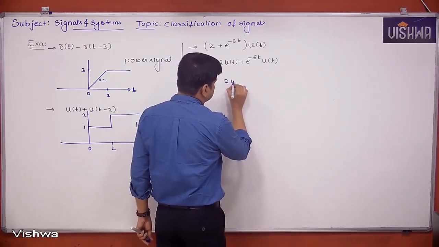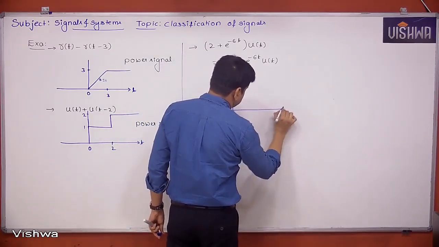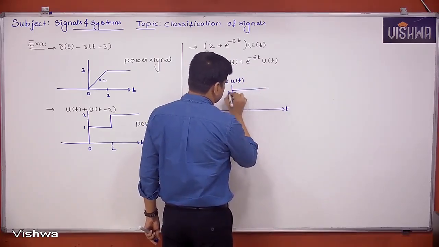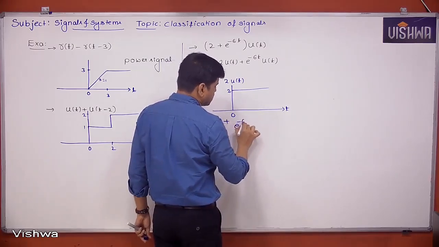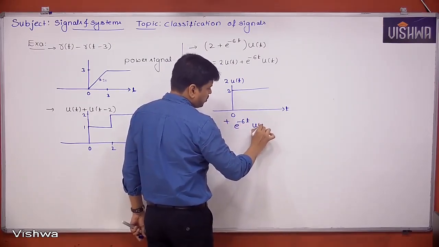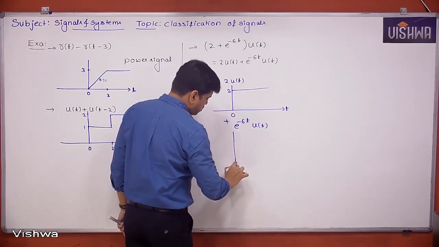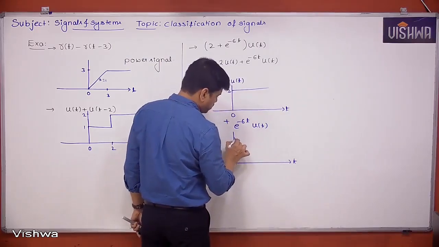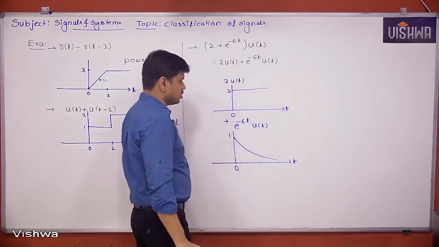From 0 onwards, the value of 2 u of t is 2. How does e power minus 60 u of t look? It is an exponentially decaying function like this, whose initial value is 1. Understood?